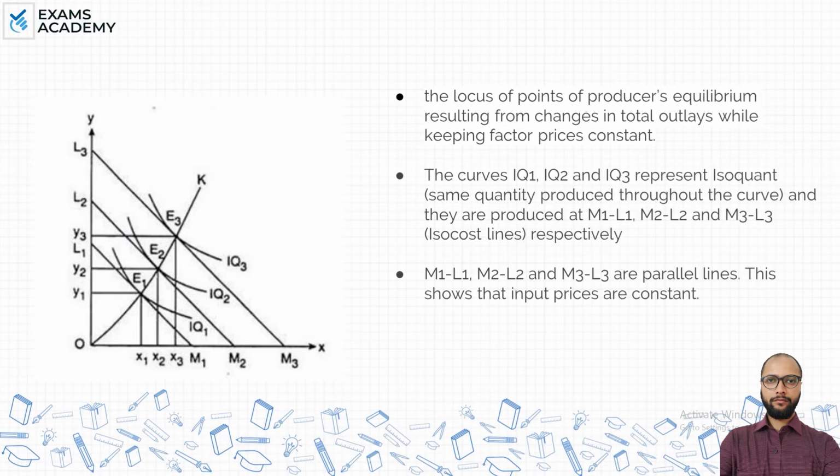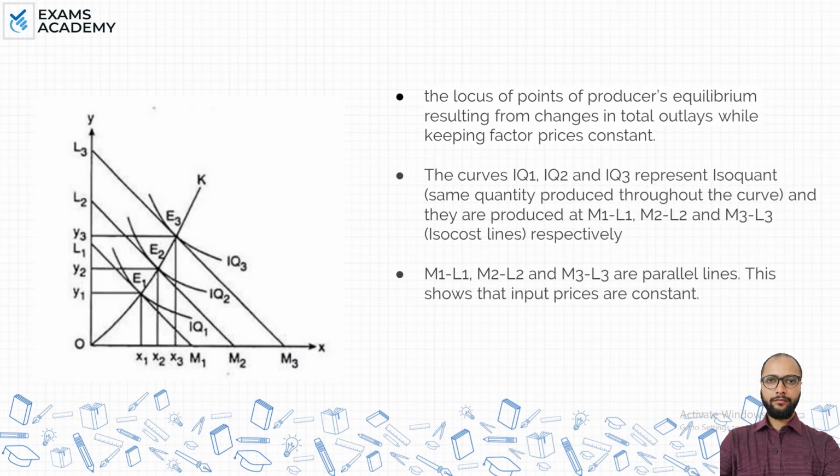IQ3 has another particular constant level of output. Now E1, E2, E3, these are the three equilibrium points. So in order to produce the output IQ1, the least cost that would be required is L1 M1. Similarly, in order to produce the outputs IQ2 and IQ3, the respective least costs are L2 M2 and L3 M3.